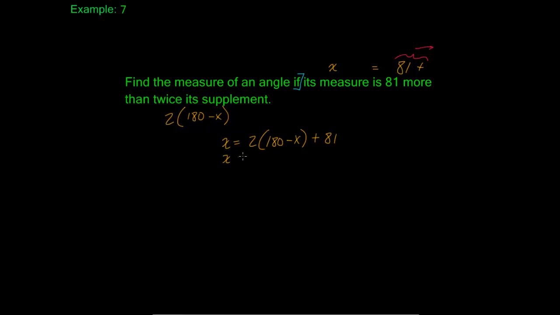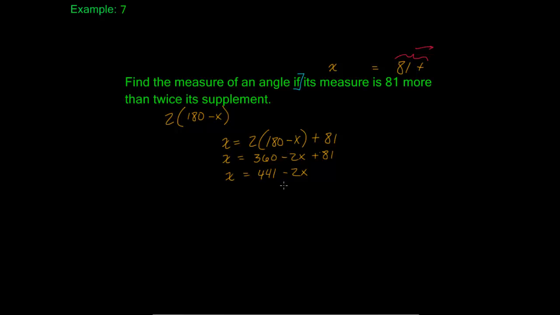Alright, so let's go ahead and work this out. We have our x equals 2 times 180, which gives us 360. 2 times negative x is minus 2x, plus 81. Alright, combine our like terms. X equals 360 plus 81, 441, minus 2x.